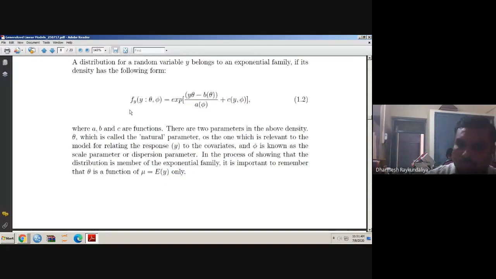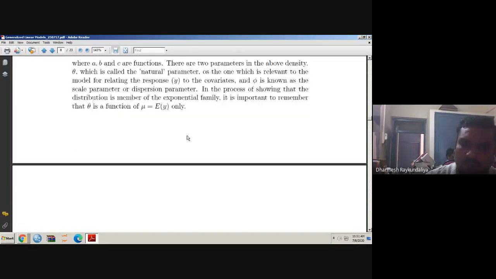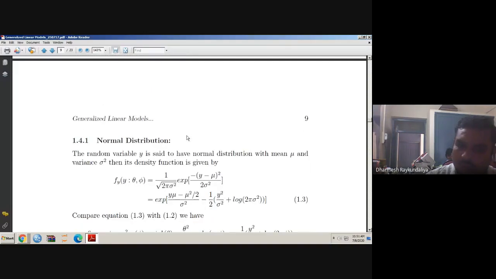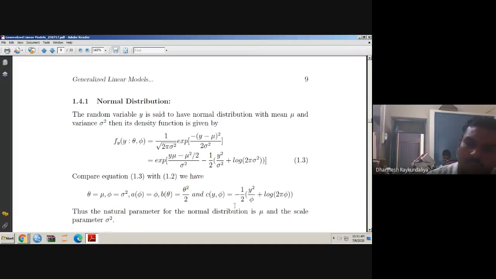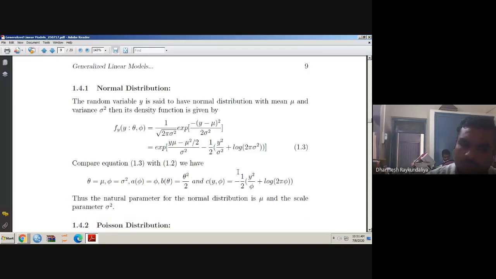So yesterday we discussed the normal distribution. This is the PDF of a normal distribution. We write it in this structure and then compare it with the exponential family of distribution, and we find theta equal to mu, b(theta) equal to mu square by 2, phi equal to sigma square, a(phi) also sigma square, and c(y, phi) will be this.